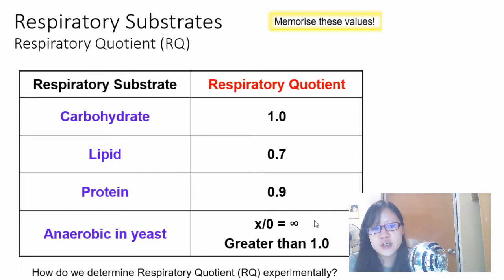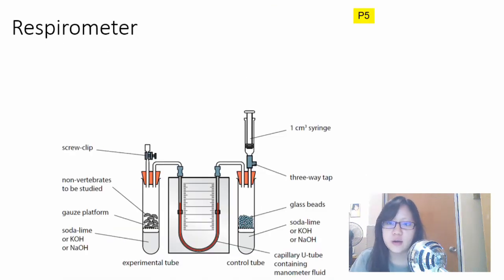Anaerobic respiration in muscles would be 0, so we cannot calculate the respiratory quotient anyways. These values again need to be memorized for each respiratory substrate as well as anaerobic respiration. So we have learned how to calculate the theoretical value of respiratory quotient, RQ.